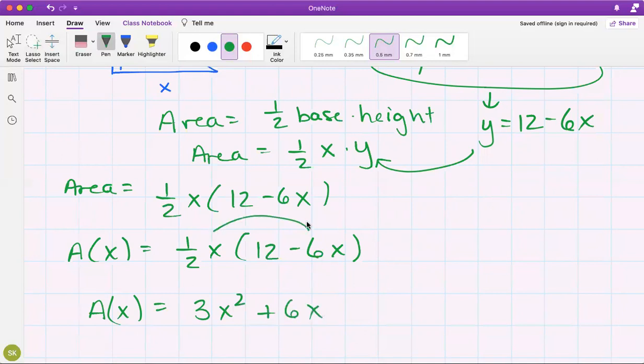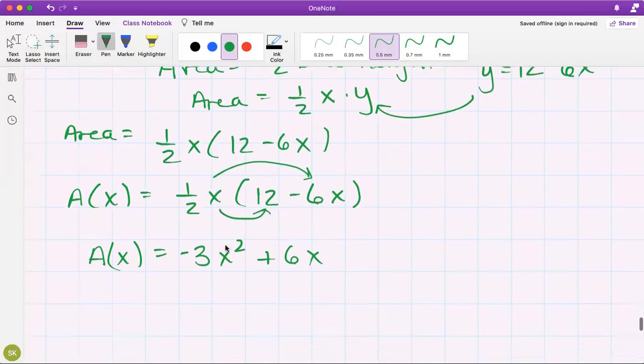If you FOIL this out, notice that you get a negative 3x squared. And then if you put this piece here, 6x, I just changed the order because usually with quadratics, we put the part with the x squared in the front. And you can see that this is a quadratic. So these problems you're going to have in section 2.6, they're going to be quadratics.